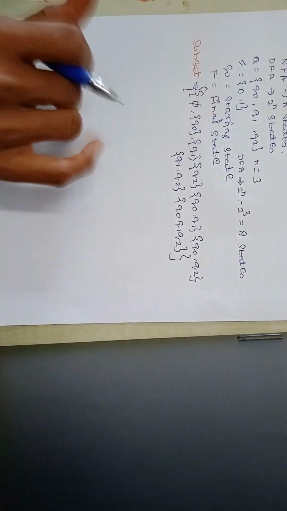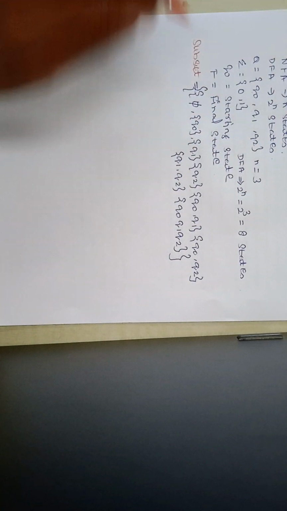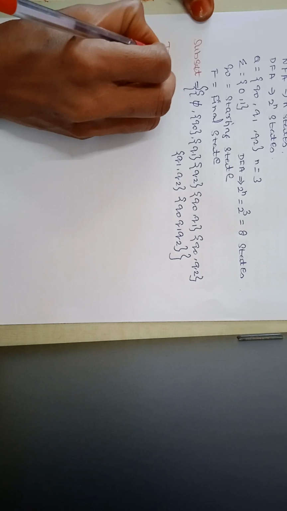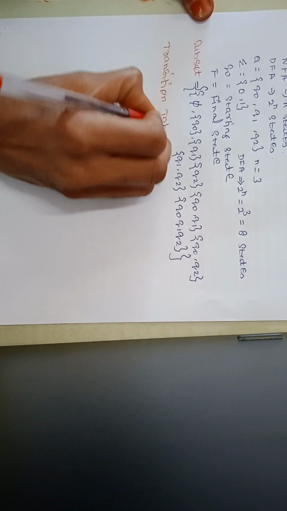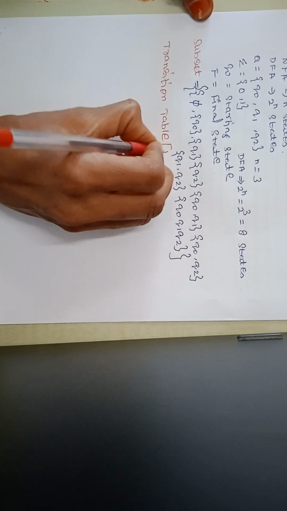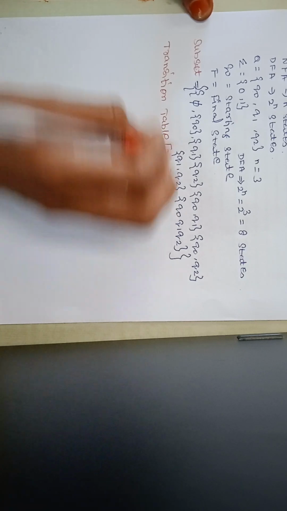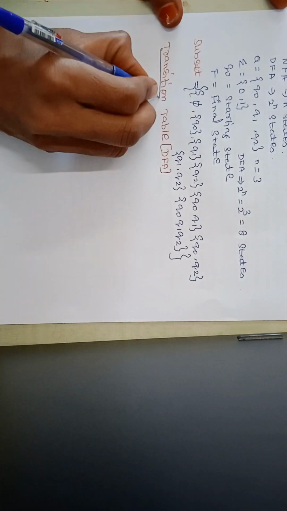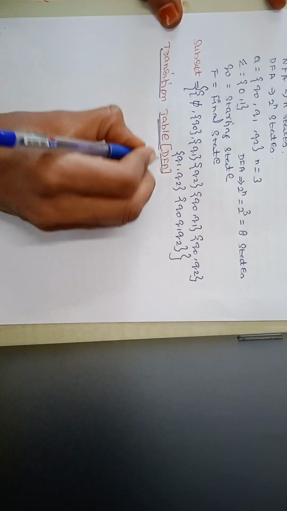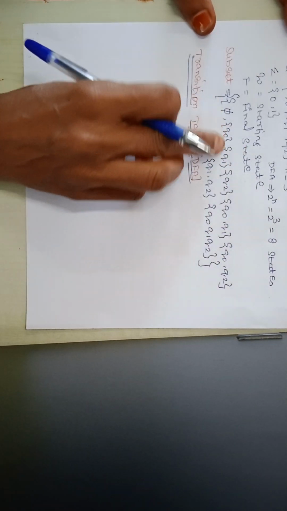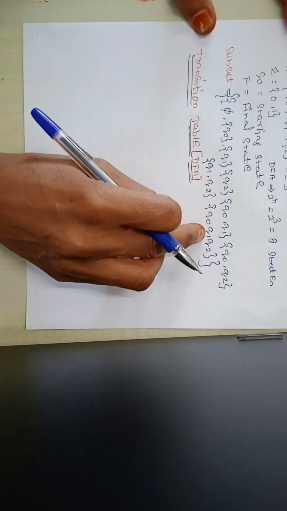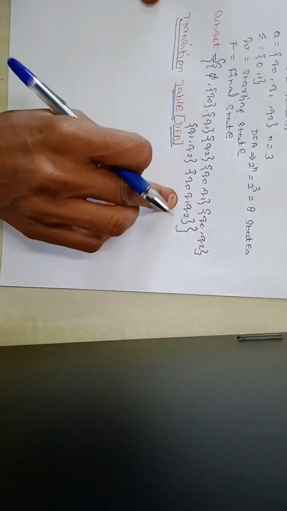And then we have to construct the transition table for DFA. In that there are 8 states, 1, 2, 3, 4, 5, 6, 7, 8.